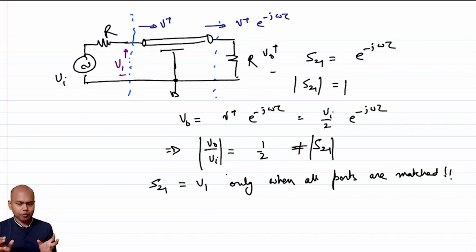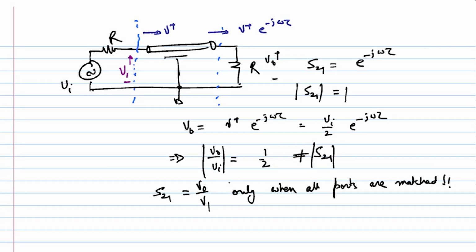So when you find out S21 later on in your various profiles, let's say in your job or in simulation or in testing, then before jumping to the conclusion that S21 is essentially the voltage gain, you have to ensure that things are properly matched. I'll show you an example of why I am saying so.